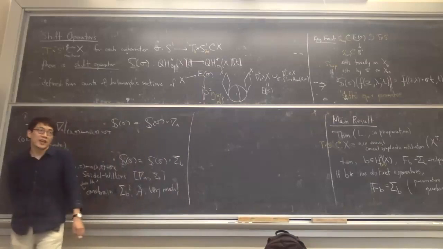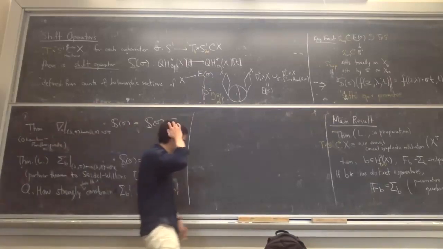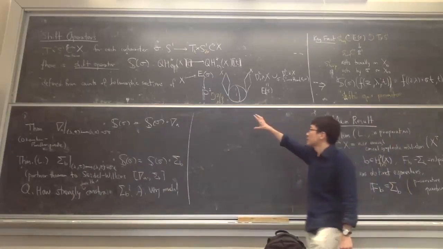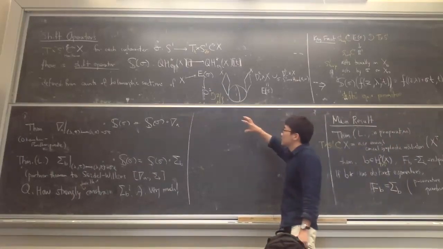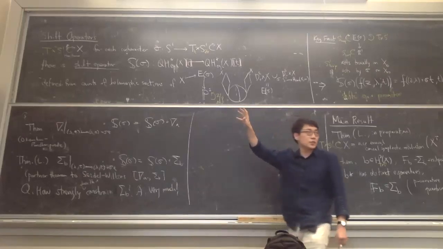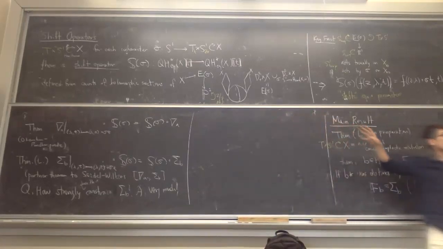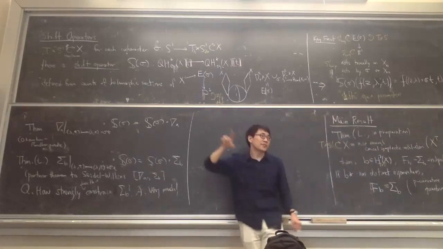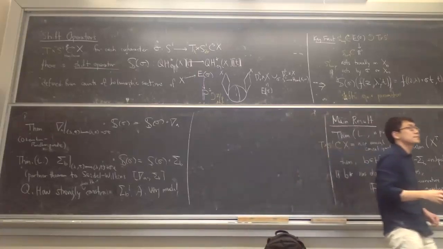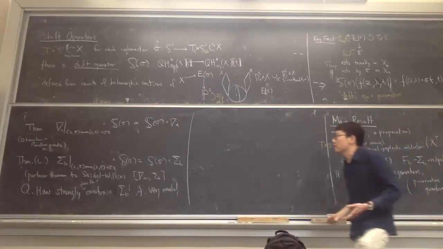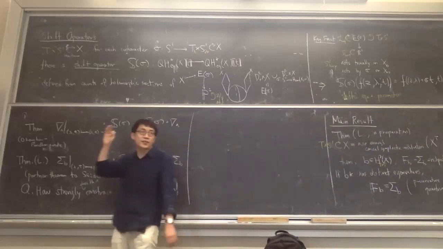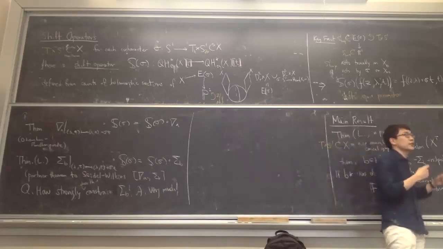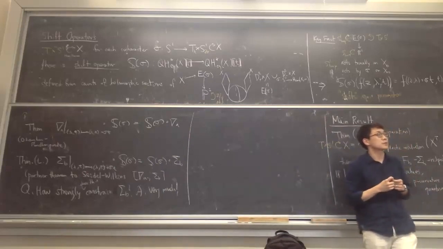So the viewpoint that I'm trying to advertise here, which is invisible from the presentation that I gave because I streamlined things to be defined that way, is that the Z mod P action that shows up in the definition of quantum Steenrod operations, I'm thinking of that, as you just observed, as part of this kind of loop rotation on the domain. The original definition of quantum Steenrod operations used by Fukaya and Wilkins and so on uses the permutation action on the mark points to define these quantum Steenrod operations.